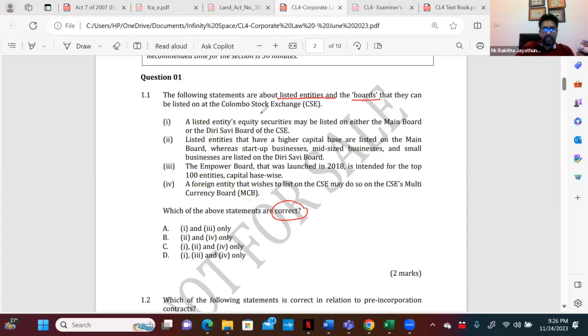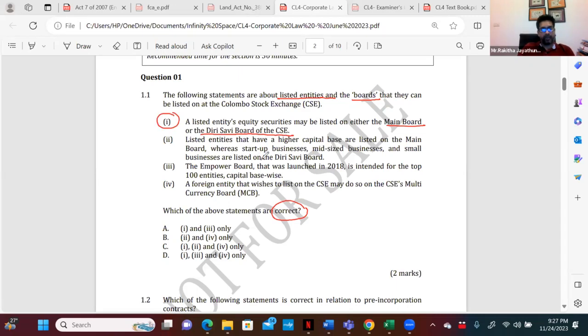Boards that can be listed on the Colombo Stock Exchange. Okay, first one. A listed entity's security may be listed on either the main board or the Diriya board of the Colombo Stock Exchange. Is it correct? Yes, it is correct.